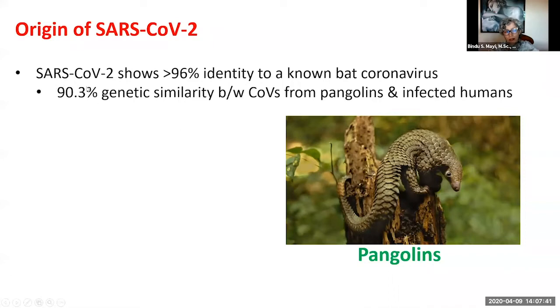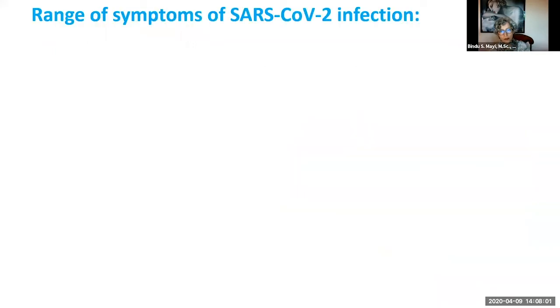Now, this is far less than the 99.8% genetic similarity that we saw between SARS coronavirus, the first one, and the masked palm civet. So the verdict is still out whether pangolin is the intermediate species, so the scientists are still looking for what might be an intermediate species, okay?